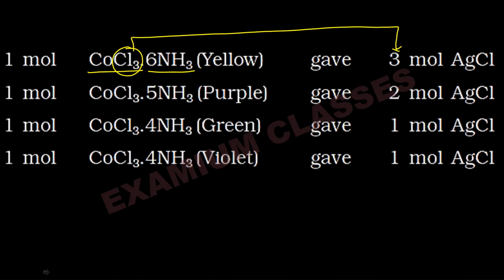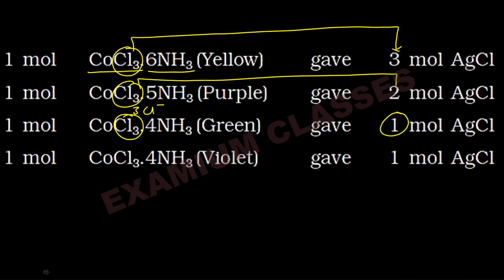But when CoCl3·5NH3 reacted with AgNO3, only 2 moles of AgCl were found. If I have 3 chlorides here, I should have got 3 AgCl. Similarly here, I have 3 chlorides. I should have got 3 moles of AgCl, but I am getting only 1.